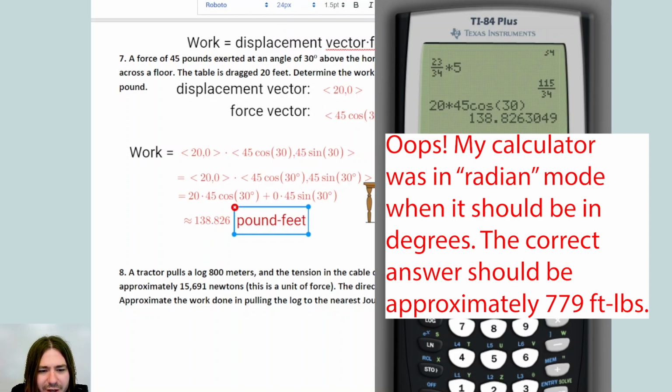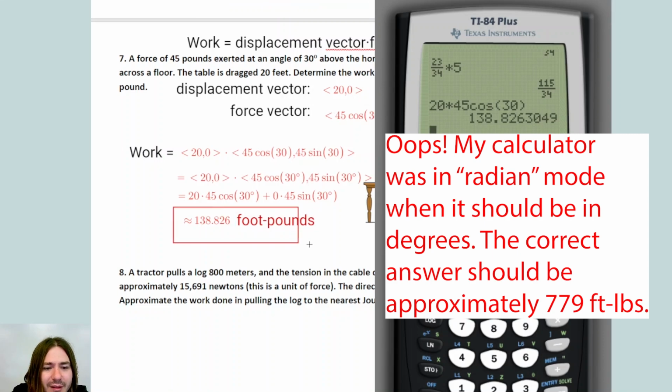Or wait, hold on, I'm sorry, not pound feet, it should be foot pounds. I don't know if that makes it any better or worse, but that's just what they're called. Kind of a weird unit, but 138 foot-pounds. So that represents the amount of work that would be done if you drag this table across the floor with a force of 45 pounds at 30 degrees.